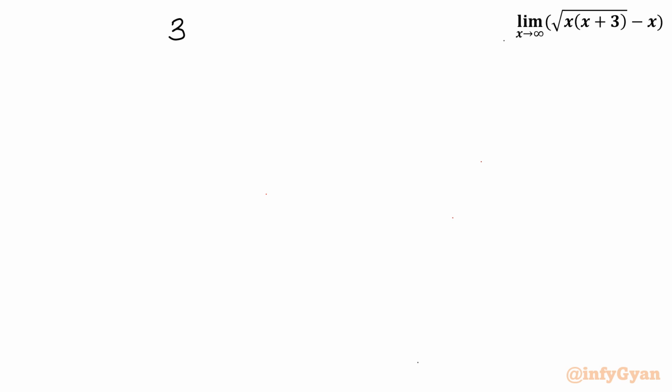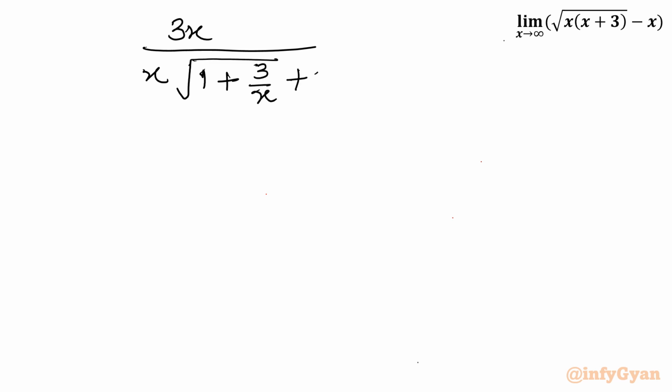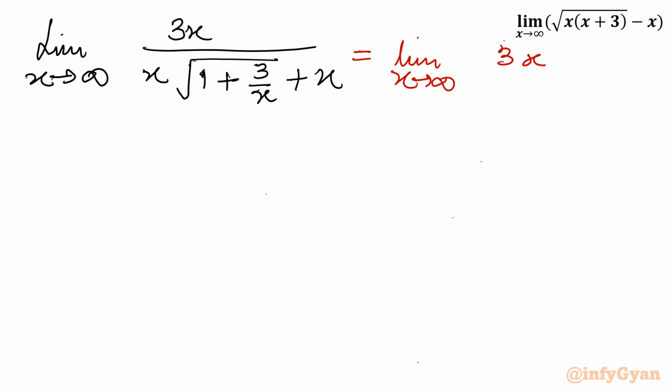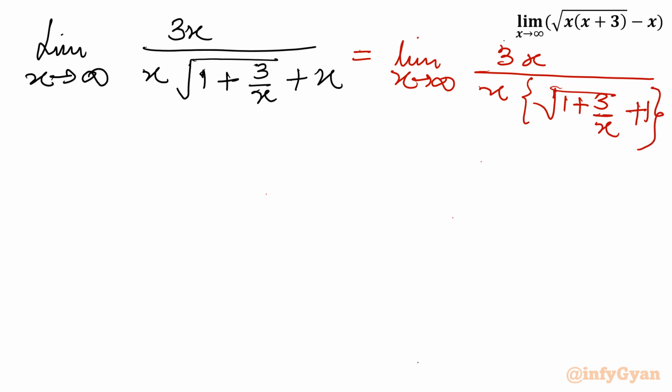So let me write here 3x over x times square root 1 plus 3 over x plus 1, limit x tending to infinity. I will be writing 3x in the numerator, x in bracket, we can write square root 1 plus 3 over x plus 1. Now I will be cancelling these two x's.